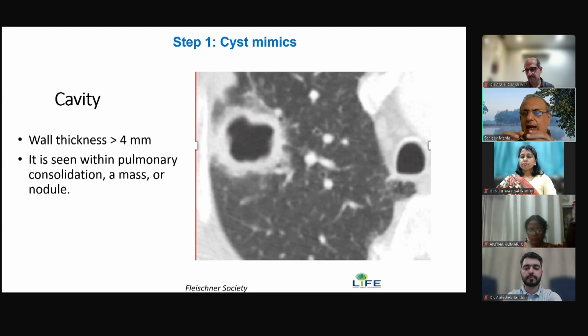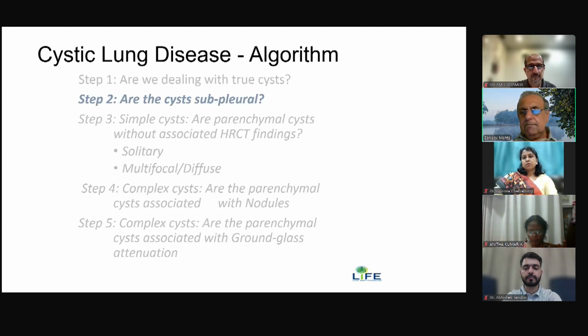Whereas a cyst is an area of breakdown of lung, a cavity is usually a breakdown of pathology. So it is seen inside a pulmonary consolidation, it is seen inside a mass lesion or a nodule. Once we do that, then we know that this is not a true cyst. And you stick to the 2 millimeter and 1 millimeter definition of cyst wall, and you will not make a mistake with the cavity. I think those are the 2-3 things you wanted to ask.